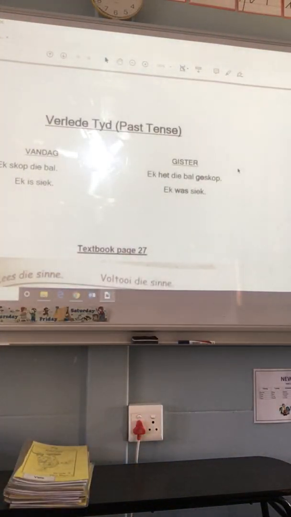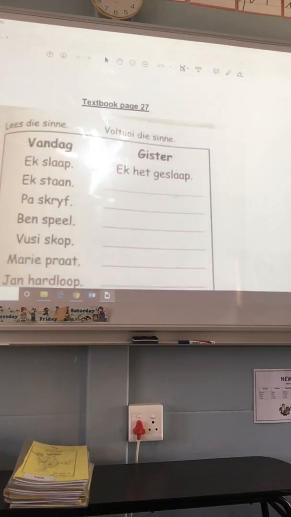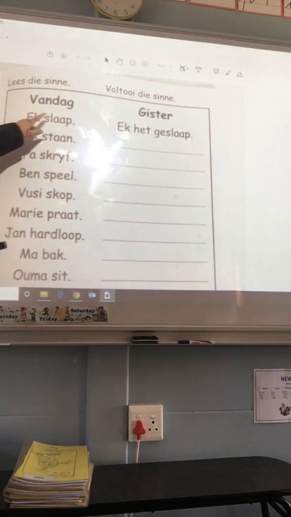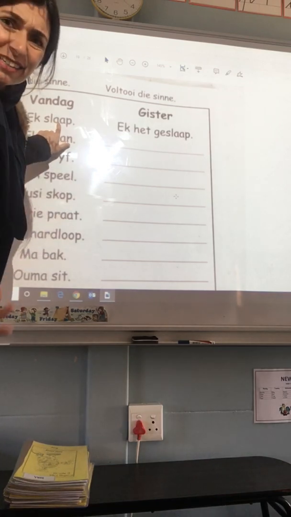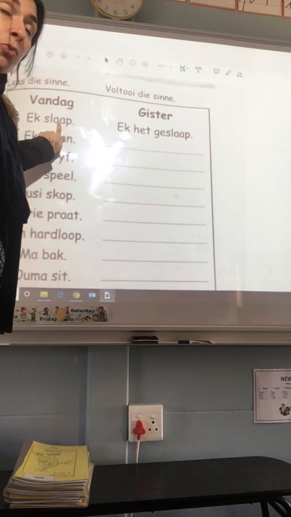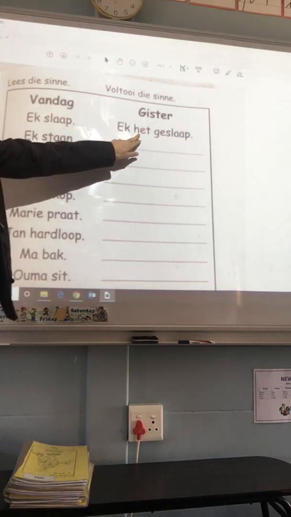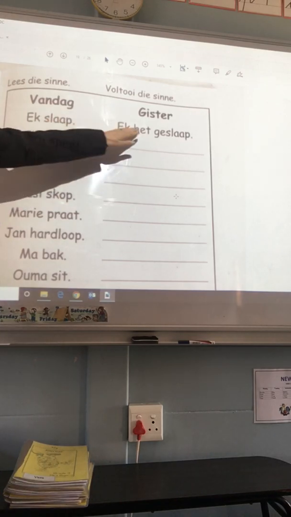Now, on your textbook, page 27, you will find these. Okay? For example, here it gives you ek slaap. Is there "is"? No. So what's the doing word? Slaap. So take the doing word away, put het in its place. Ek het.